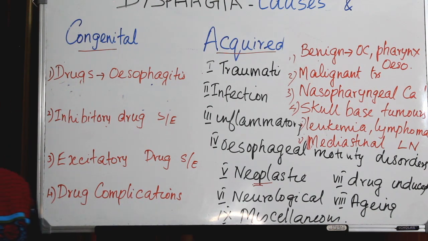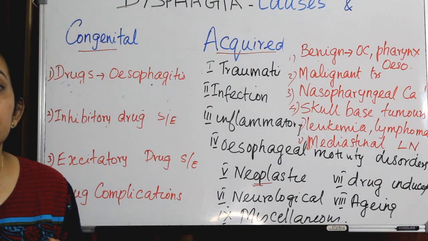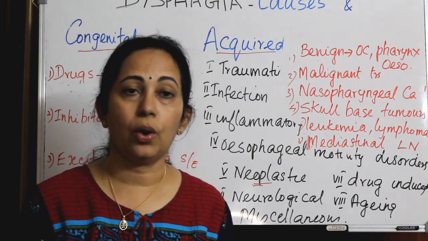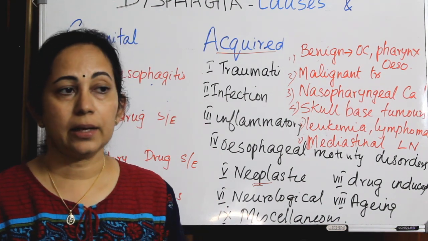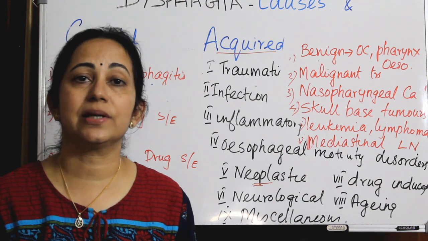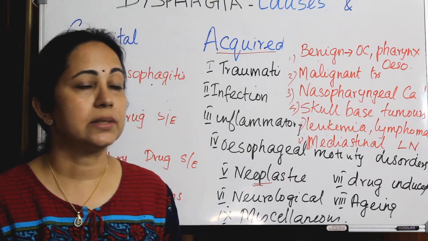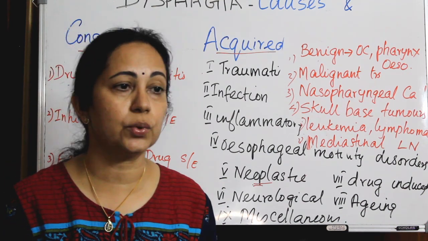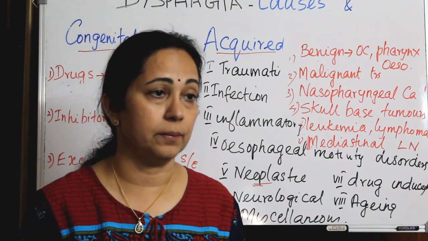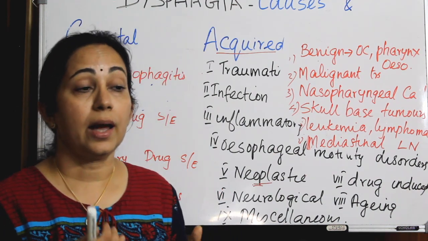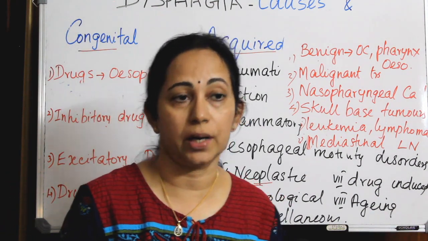In esophagitis, the drugs cause esophagitis mainly because they are taken without adequate water or just before going to bed, and during sleep the esophageal transit time is prolonged. So these drugs come in contact with the mucosa directly, without adequate mixing with saliva, and it can cause problems in the mucosa. Also the most commonly affected part is at the level of crossing of the arch of aorta.